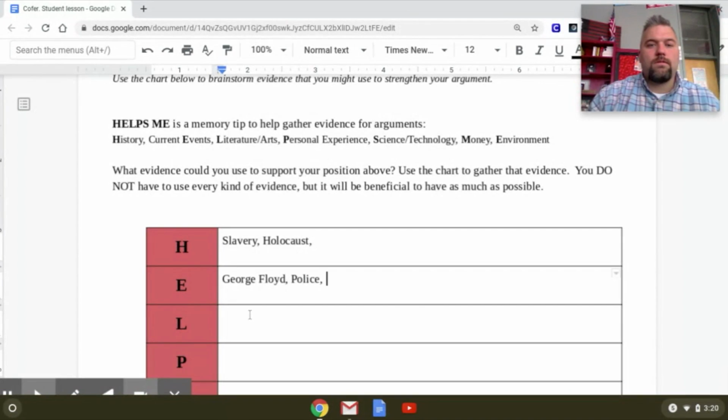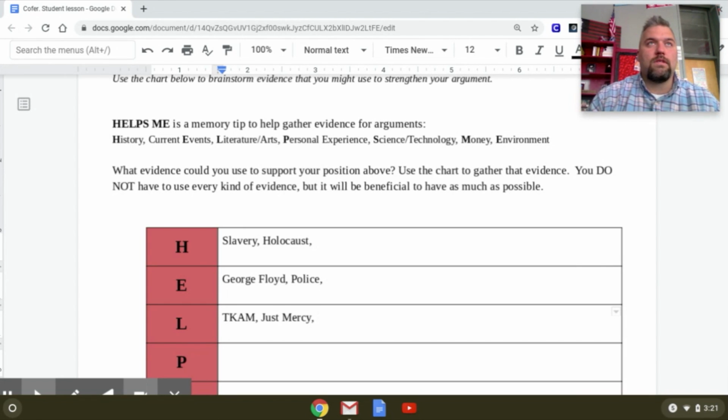Literature and arts. Is there any literature that you can think of that might show how stereotyping has a negative effect on people? Immediately, I think of To Kill a Mockingbird. It's one of my favorite novels to teach, my favorite novel to read, and it speaks to that. Along those same lines, you could throw in Just Mercy, and I'm not going to italicize them here for time's sake, but you know that we would italicize all titles like this.